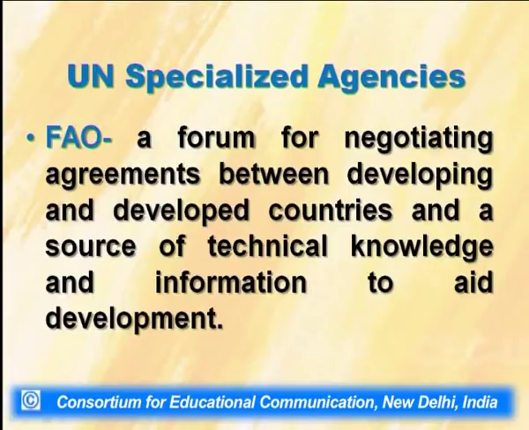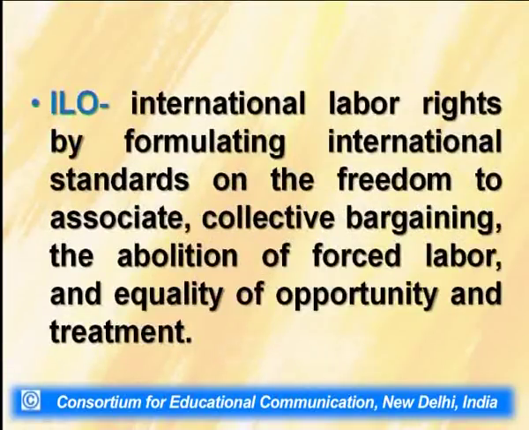Now let us have a look at some of the UN specialized agencies. The Food and Agriculture Organization. This is a forum for negotiating agreements between developing and developed countries. It is a source of technical knowledge and information to aid development. Followed by that, we have the International Labour Organization.